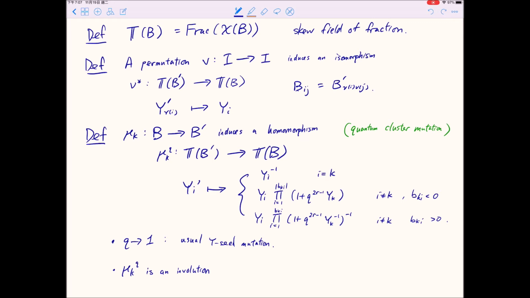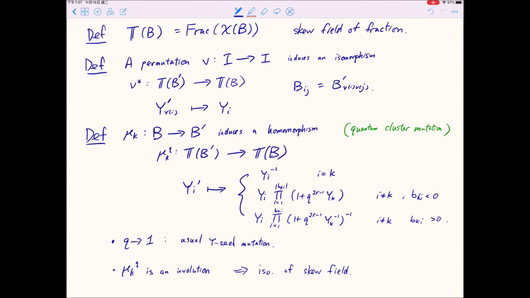So in fact, this mu k will give you an isomorphism of skew fields. All right, so this is the definition of quantum cluster mutations.